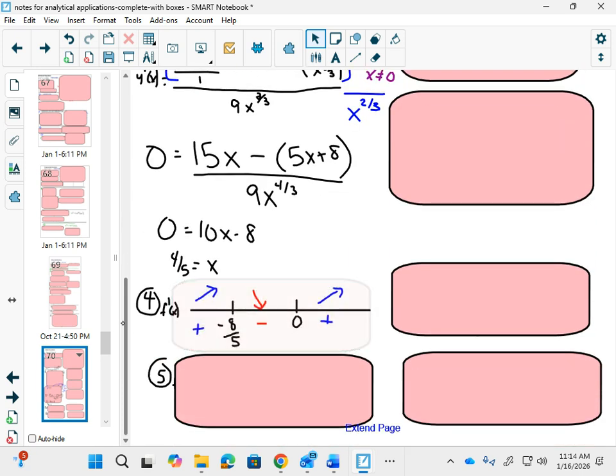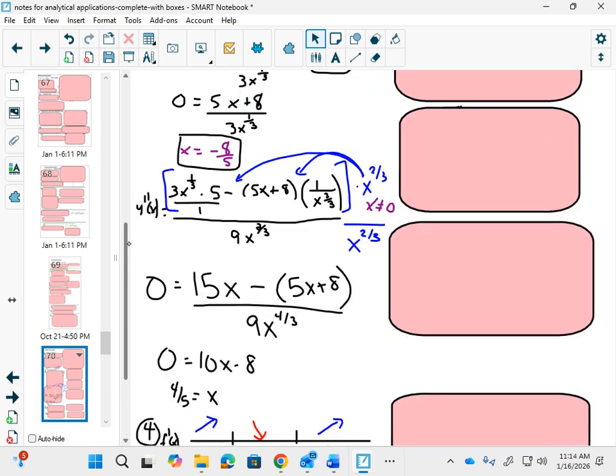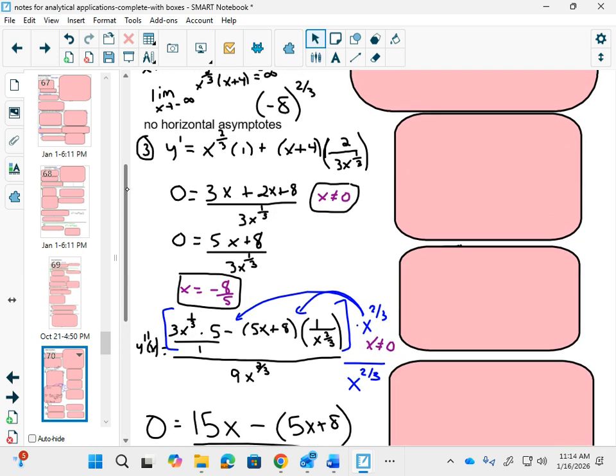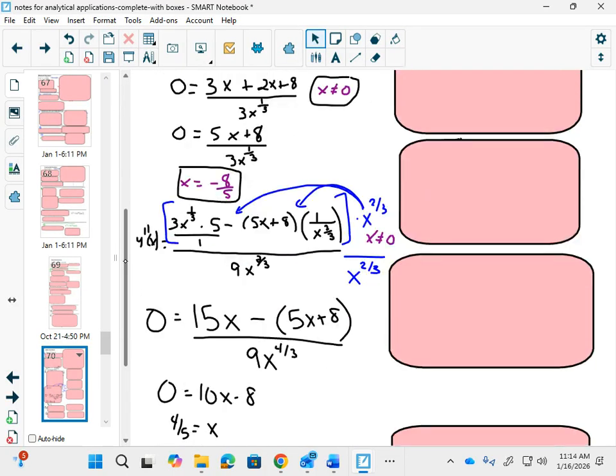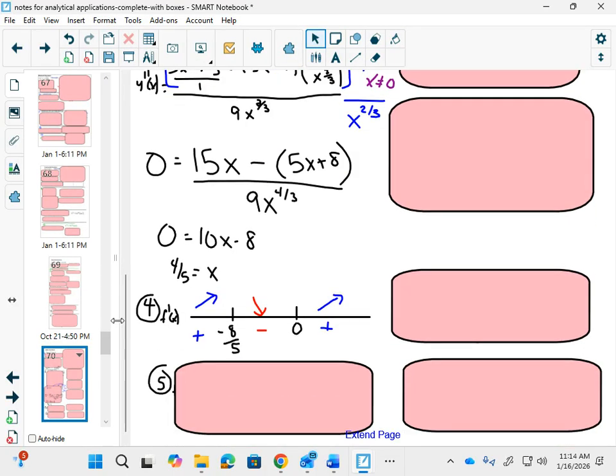We can do our number line with the negative 8/5. And we have a non-permissible value in our derivative, because now we're dividing by x to the 1/3. So that is a critical point as well. It needs to show up on your number line.